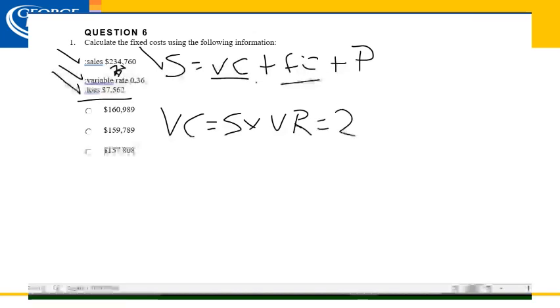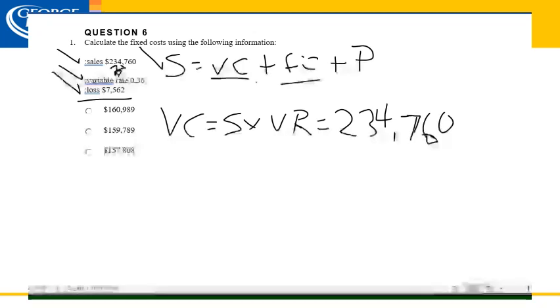Which equals $234,760 multiplied by 0.36.